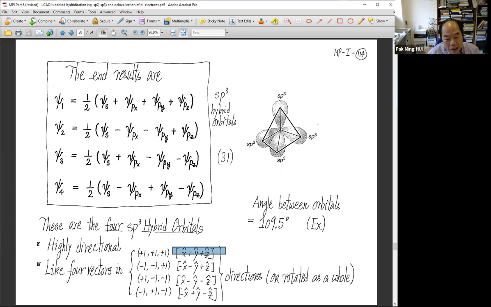Similarly, you put the other 3, like -1, -1, +1, which is one direction, and so on. At the end, you will plot out something like this, but now it is rotated with one towards the 1, 1, 1 direction in your x, y, z coordinates. So that is the idea.